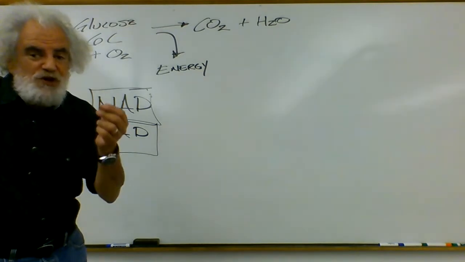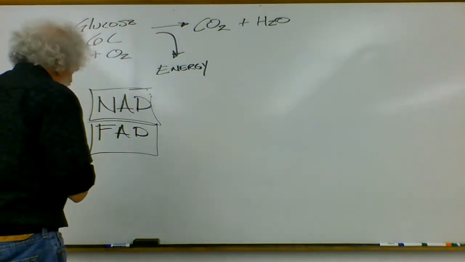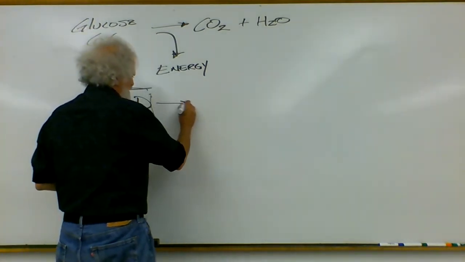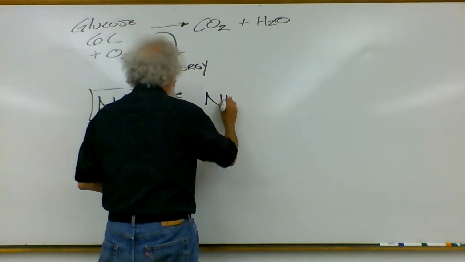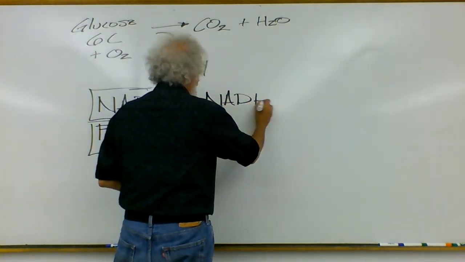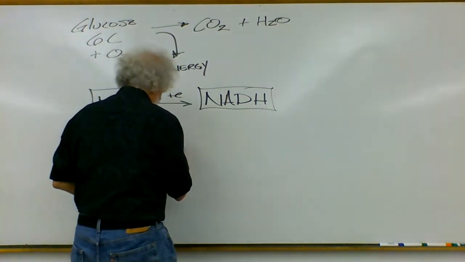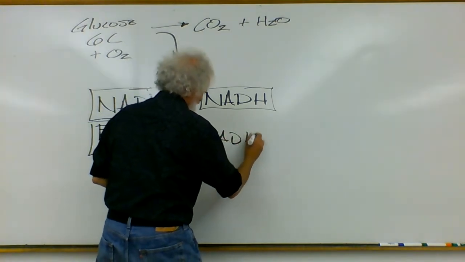This is the state in which they can pick up an electron. When they are in the reduced state, so we can add an electron, it now is written as NADH. And FAD is written as FADH2.